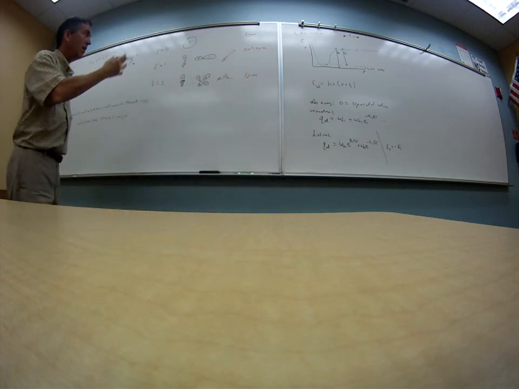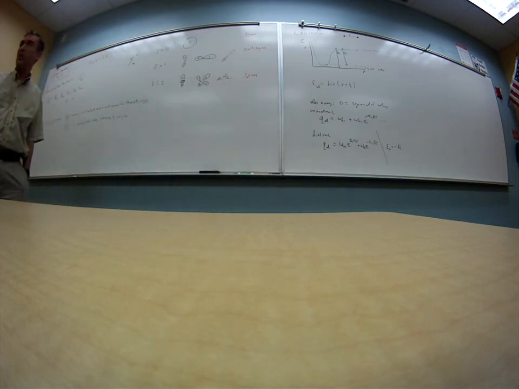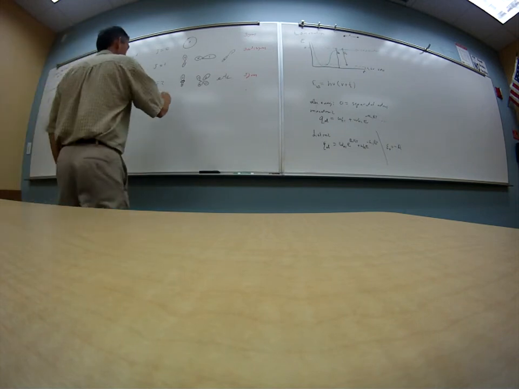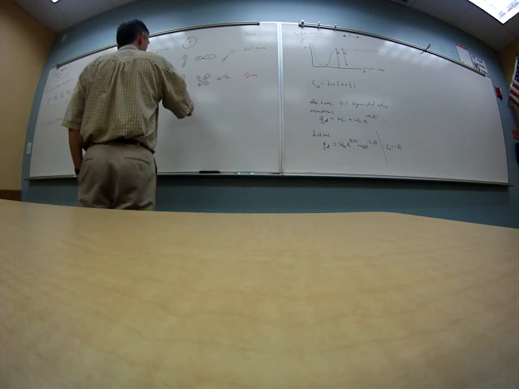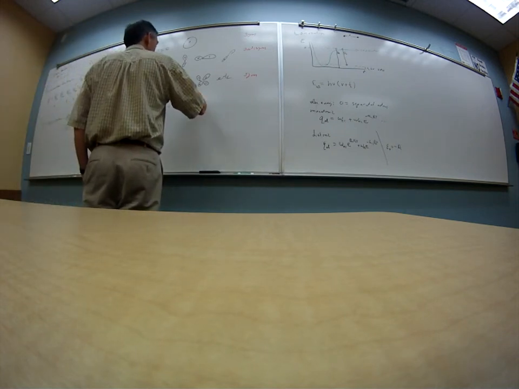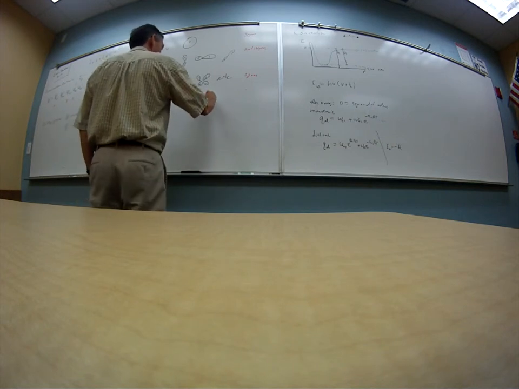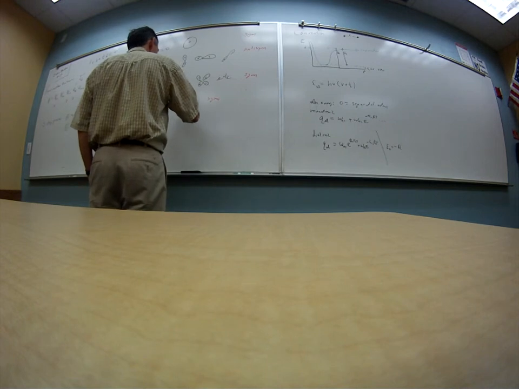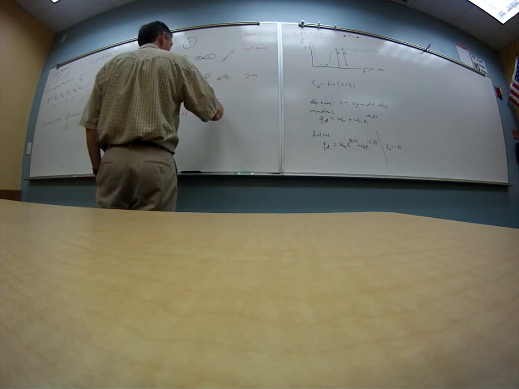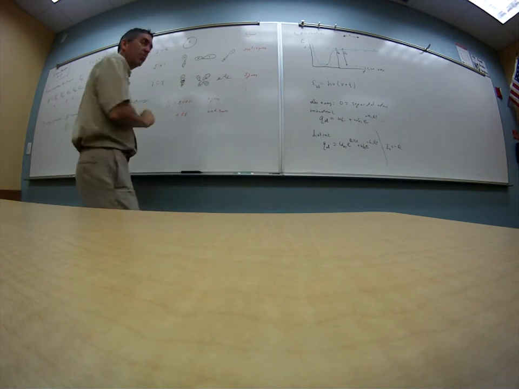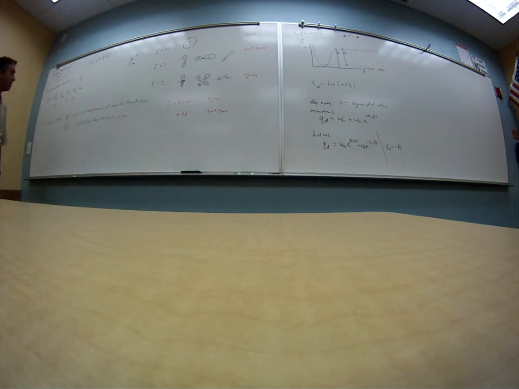So then you go on to j equals 3, j equals 4, and what you find is that if j is even, it's symmetric and odd, antisymmetric. So we have two possibilities for psi rotation, symmetric or antisymmetric.